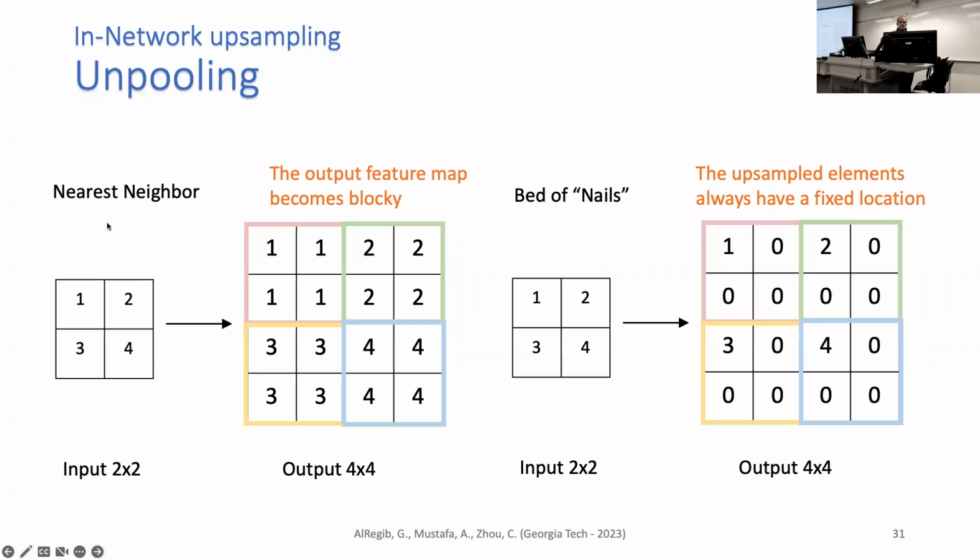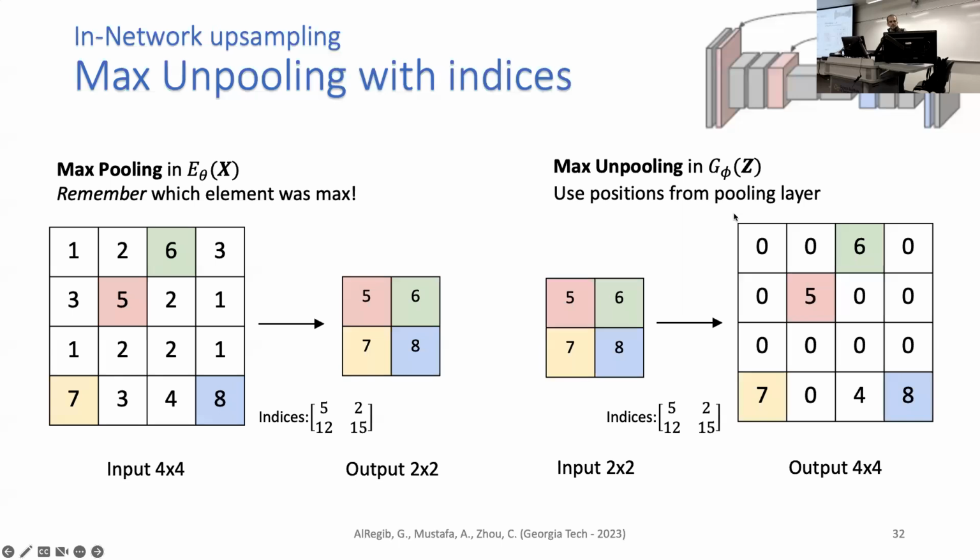That's your nearest neighbor. If the criteria is bed of nails, then you will have 1 here and everything else is 0, 2 here and everything else is 0. But you have to have an agreement throughout your setup that the position where your sample will be preserved is the upper left corner.